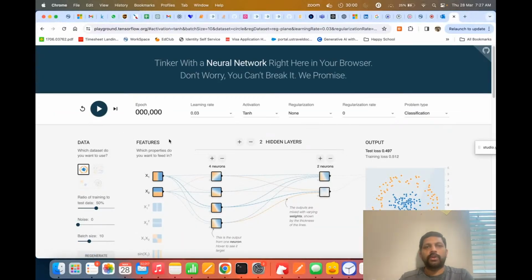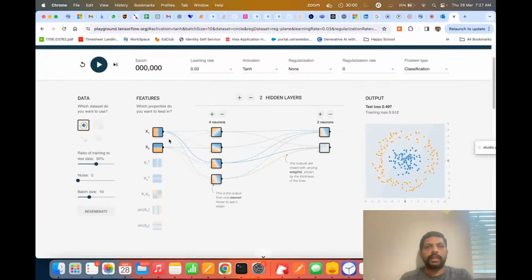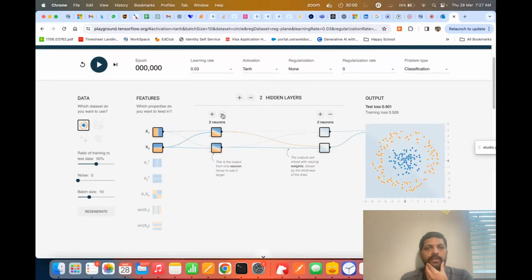Yeah, so this playground is pretty interesting. Visually, we can actually see how the overall neural network would work. So see, we can play around. Let's say two layers, neuron's output is two. Then we show test data classification.